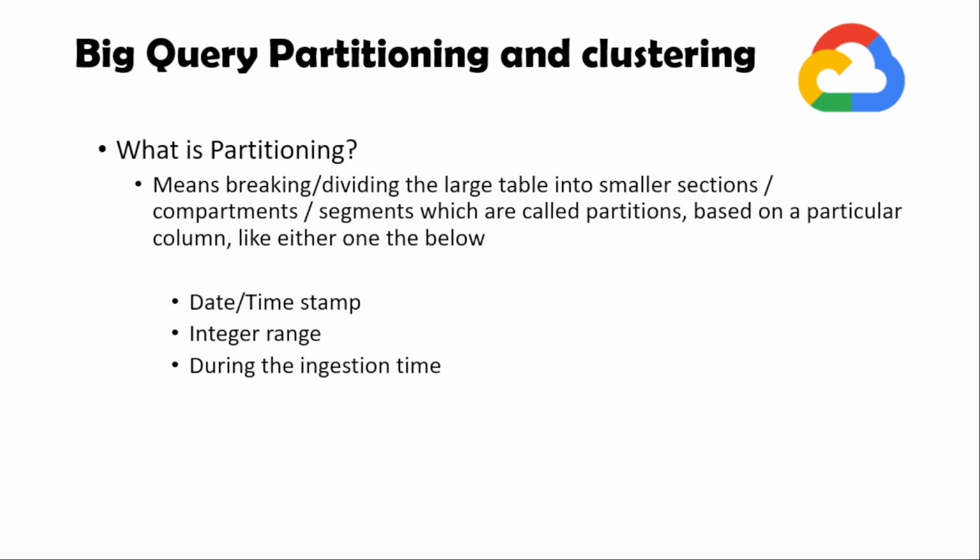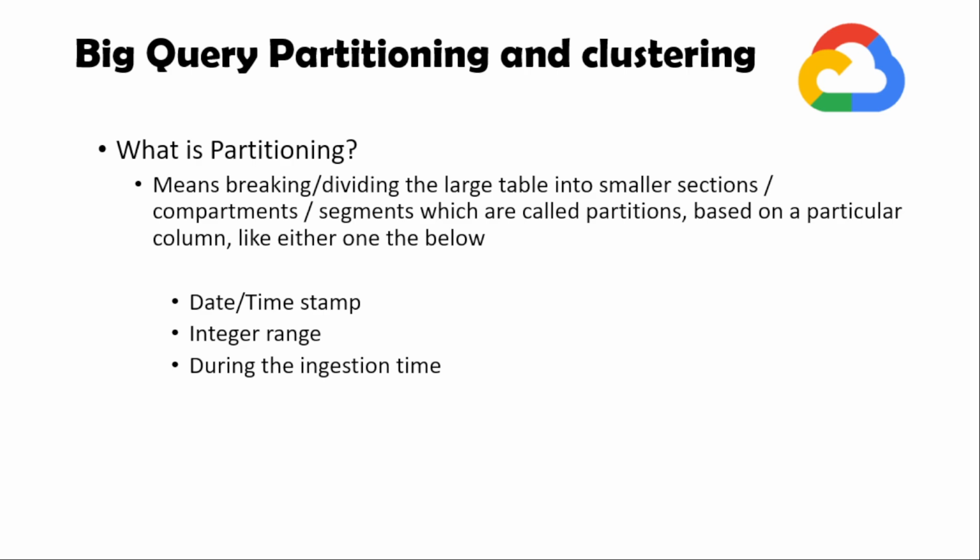And these partitions are based on a particular column, and you can break or divide the large table based on one of the columns. Suppose your table has a date or timestamp.